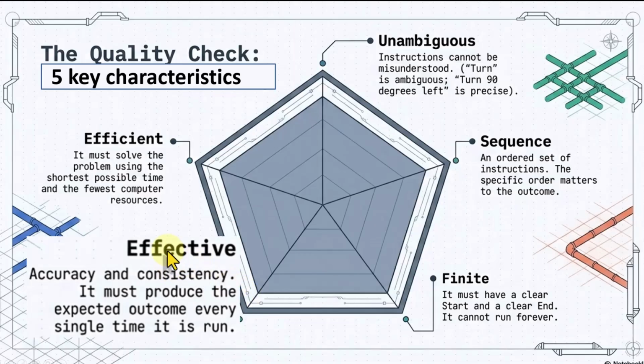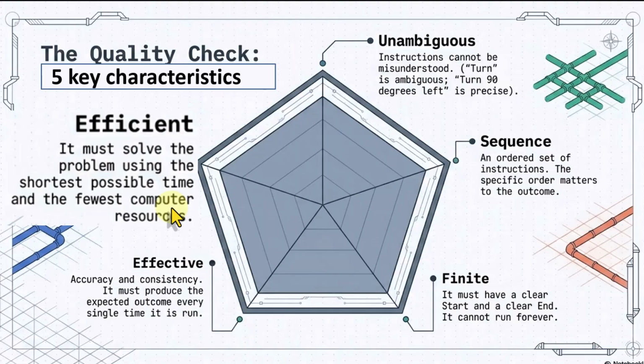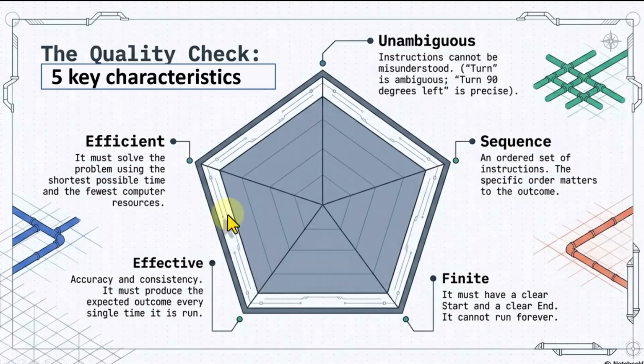And the last one is efficient. An algorithm must solve the problem using the shortest possible time and the fewest computer resources, such as time and memory. So these are the five main characteristics of an algorithm that you have to consider while creating algorithms.